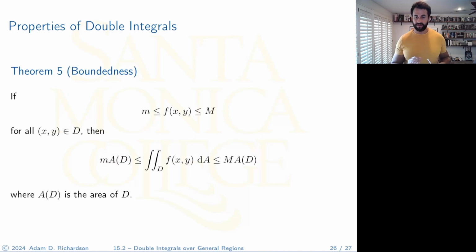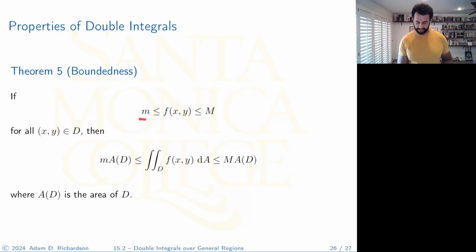And then the last property we have is called boundedness. So if our function f is bounded below and above, then the integral of f is also bounded below and above. And it is bounded below and above by exactly the minimum of f times the area of D and the maximum of f times the area of D. And that's basically it.